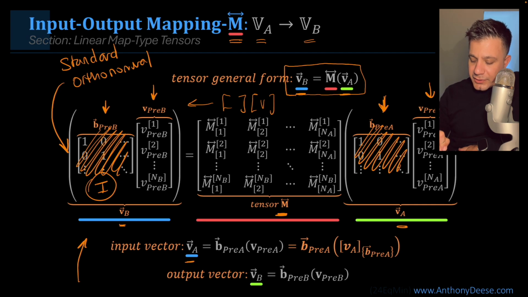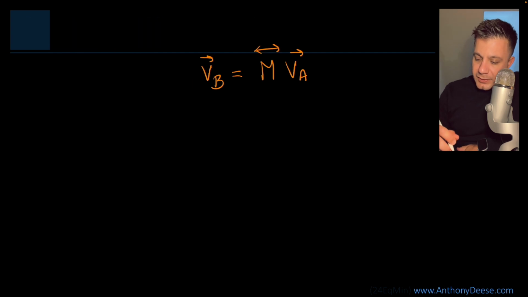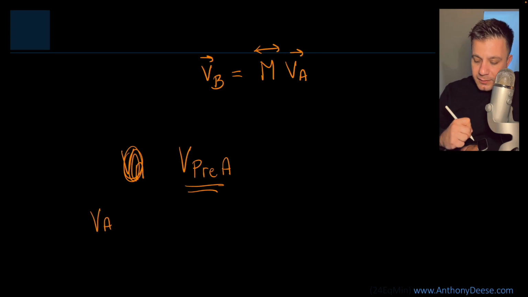So the input vector, I just clarified this down here, is composed of its associated basis set and coordinate array. Same thing over here. Now, I did want to talk about this notation really quick because we're going to use it a little bit more later. So we have a coordinate array that we call V pre A. This is really a version of the coordinate array VA, except it's for the specific case where we have the pre-transform basis.